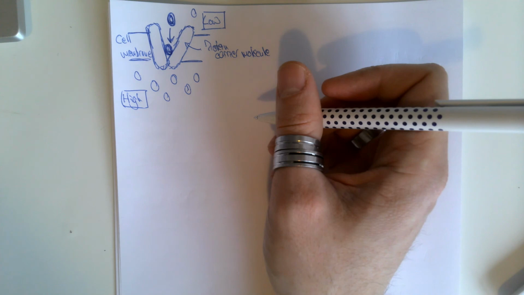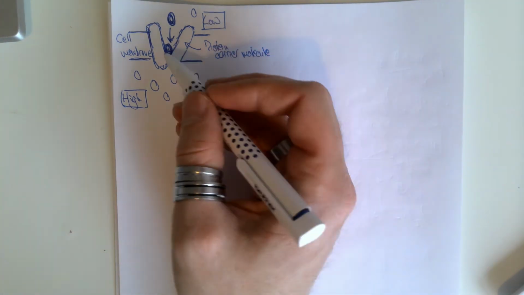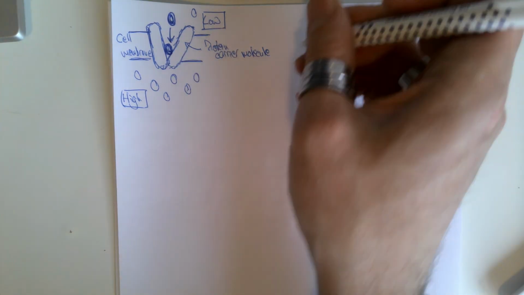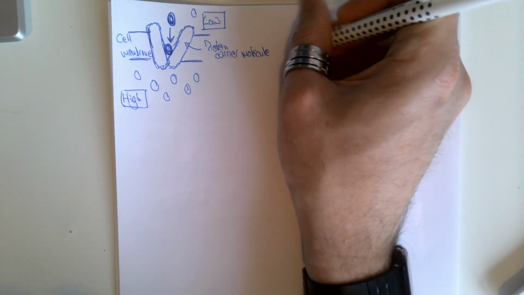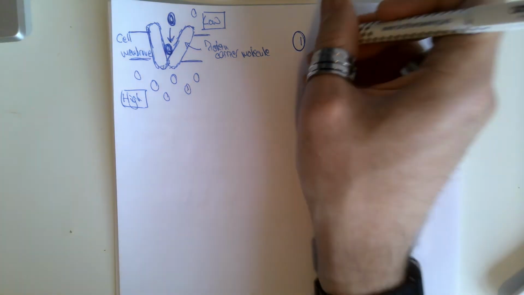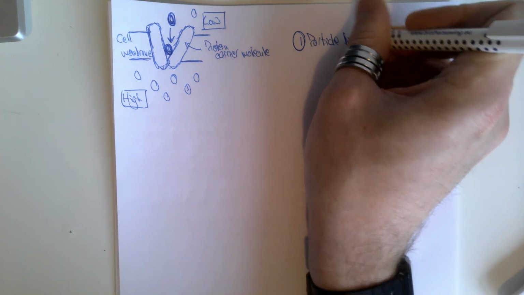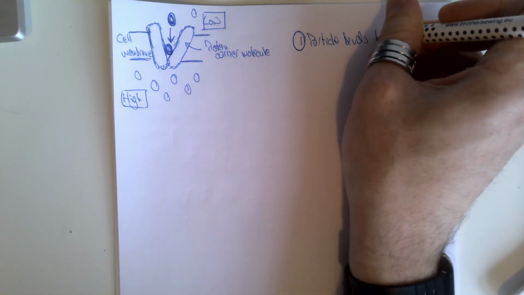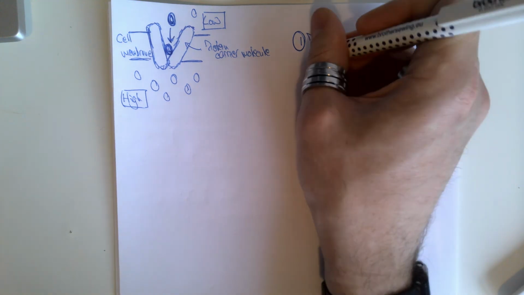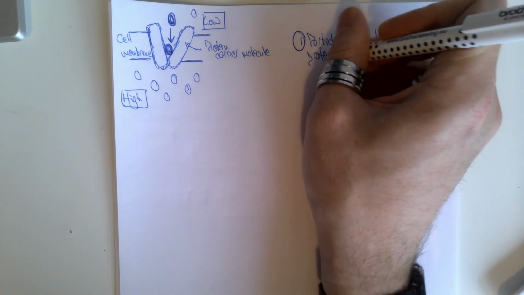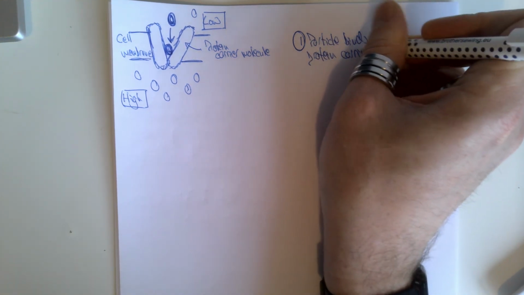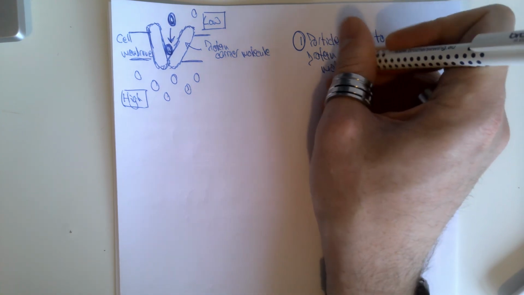So it has to move through this protein carrier molecule. The molecule itself binds to this protein carrier molecule. So it's the first step in the process of crossing the membrane during active transport. Particle binds to the protein carrier molecule.